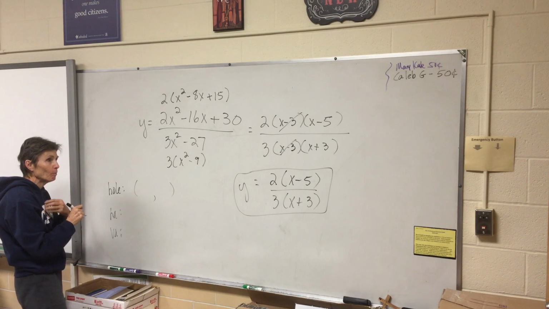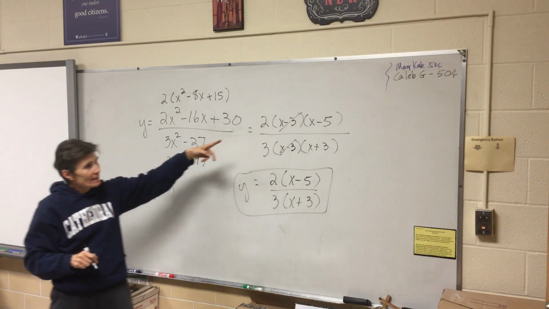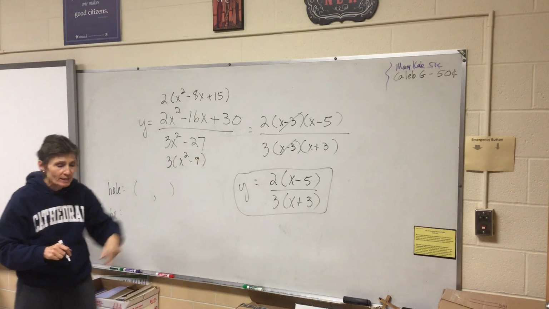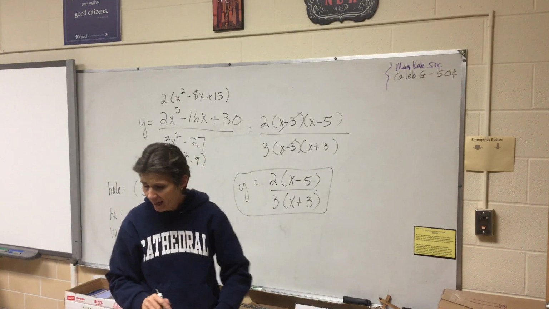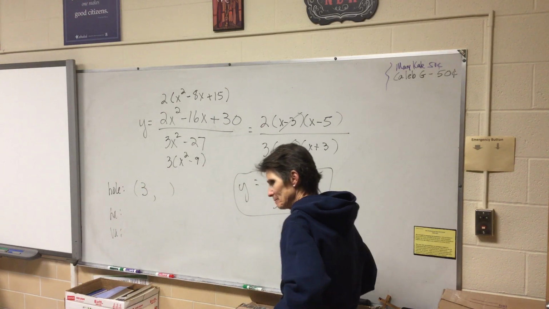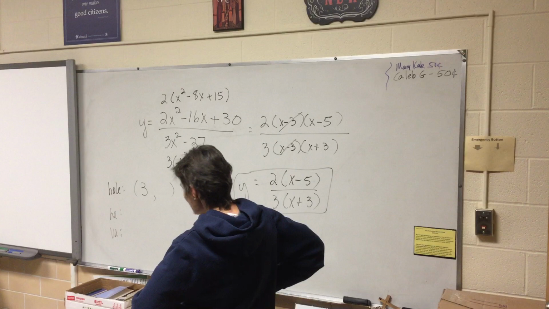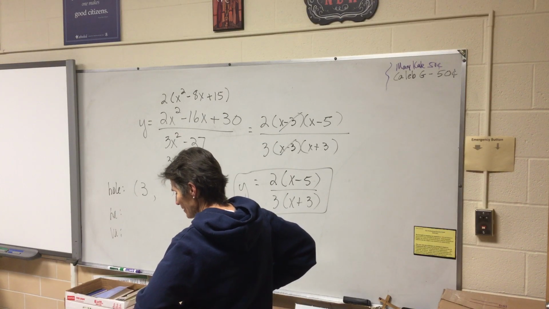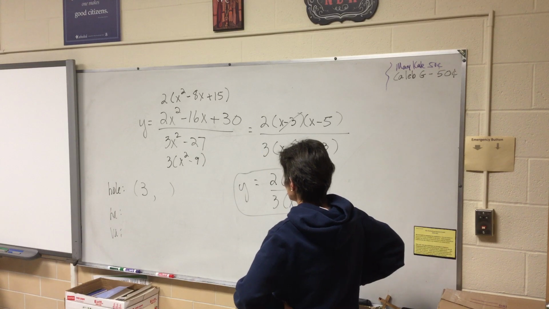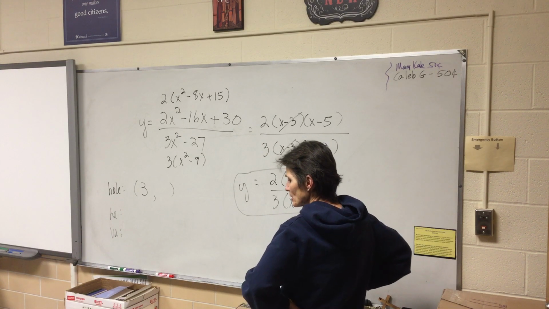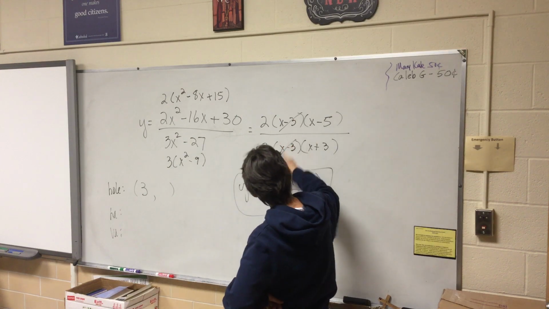Negative 3. No, it's always the opposite. So if we canceled out x minus 3, it'll be 3. So the x is going to be 3, because that's what I canceled out.